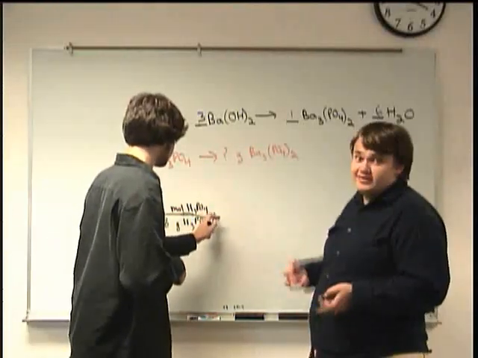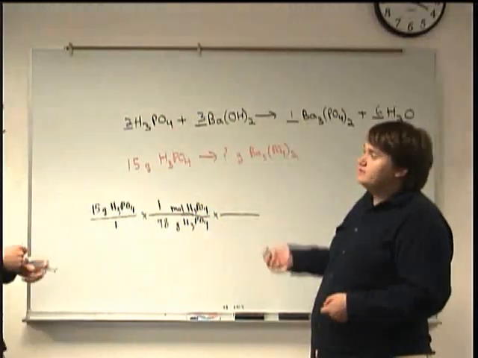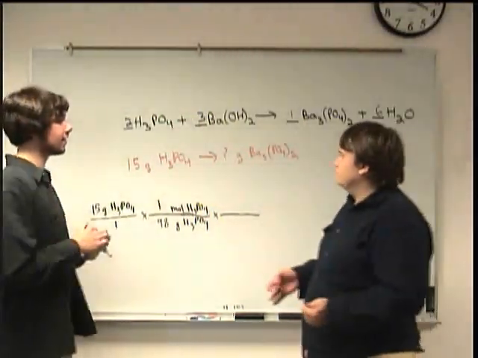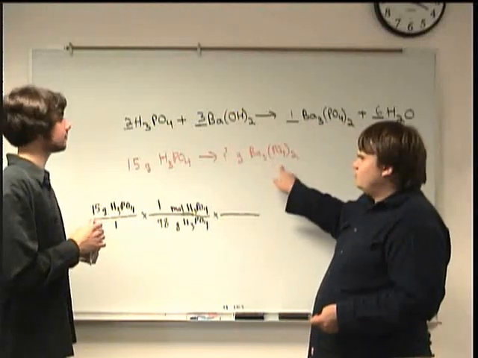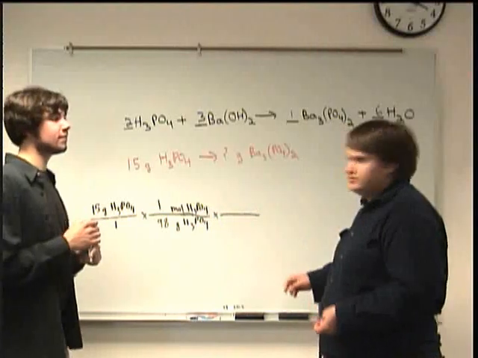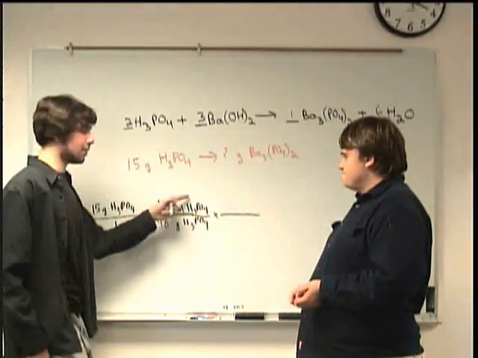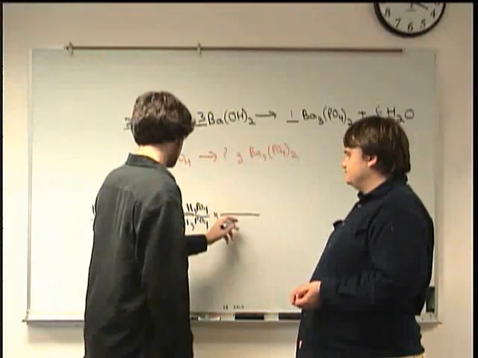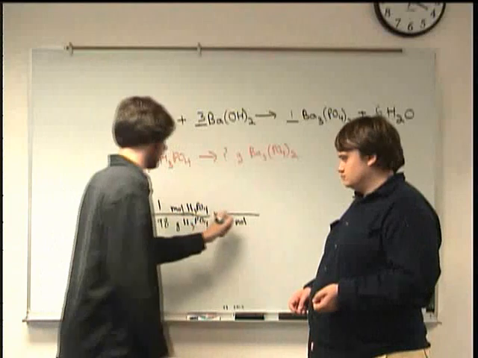Okay, so what next? Since you said something about mole ratio, I assume that's our next step. Yes. We're going to need a ratio of the barium phosphate to the phosphoric acid. Since we're canceling out the moles of H3PO4, remember, just deal with your units before you start putting numbers in.